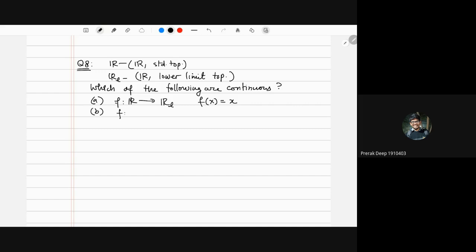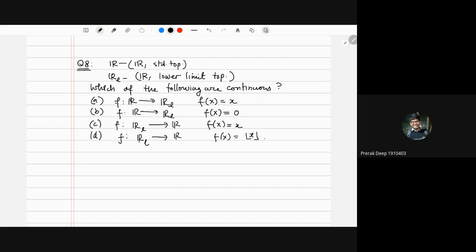Option B, f from R to RL defined by f(x) is equal to 0. Option C, function from RL to R defined by this. Option D, function from RL to R defined by the floor of x.